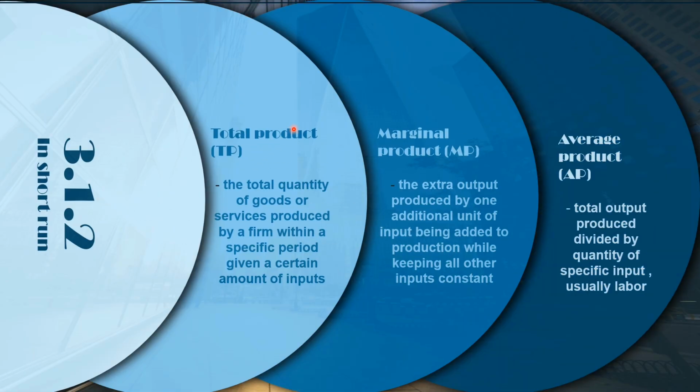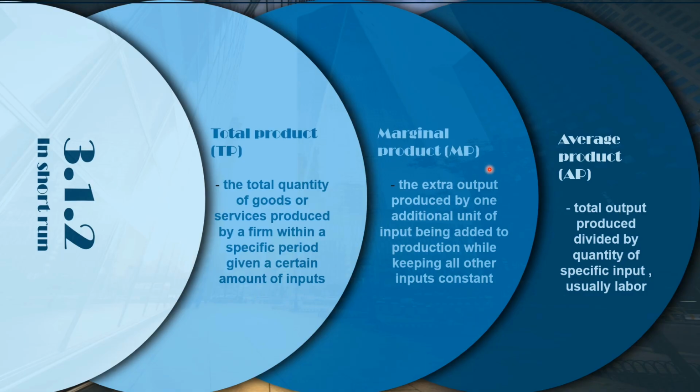Now in the short run we'll discuss total product, marginal product and average product. Total product, which is TP, marginal product, which is MP, average product, which is AP. Total product is the total quantity of goods or services produced by a firm within a specific period given a certain amount of inputs.